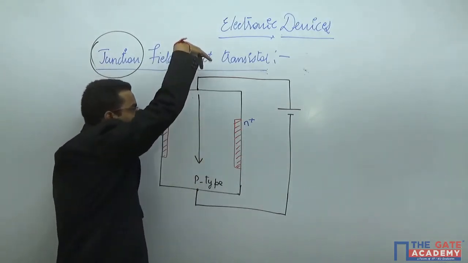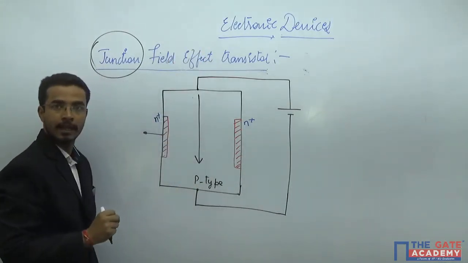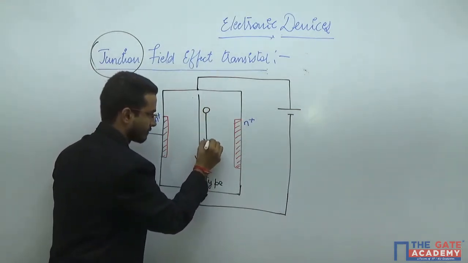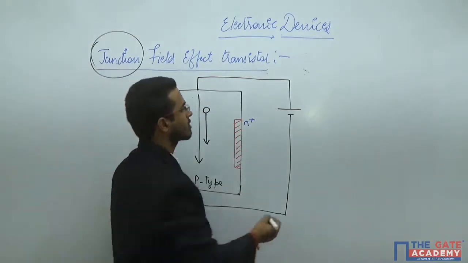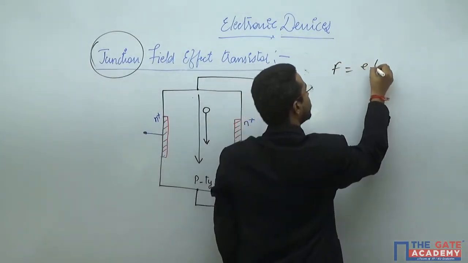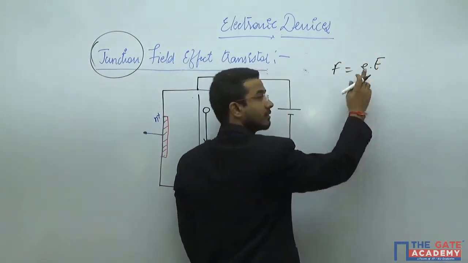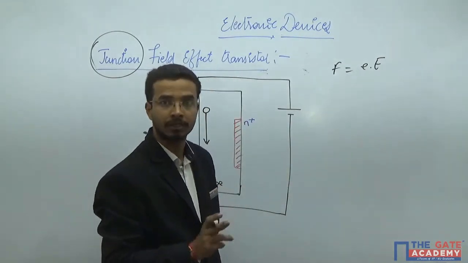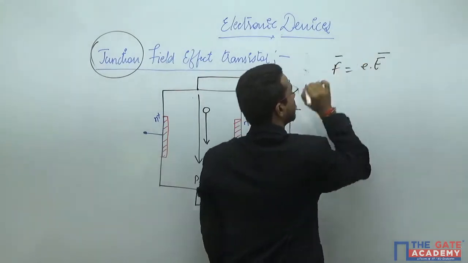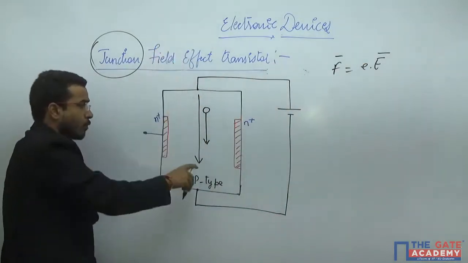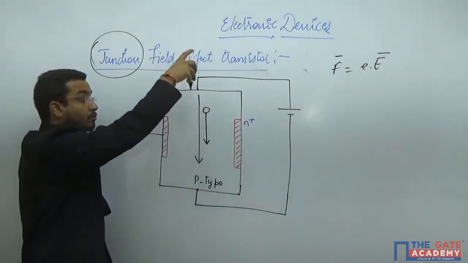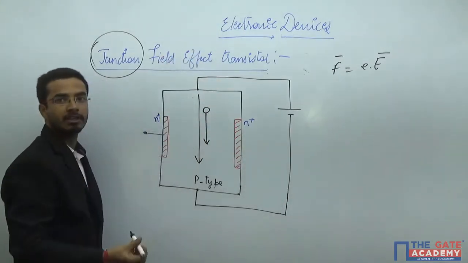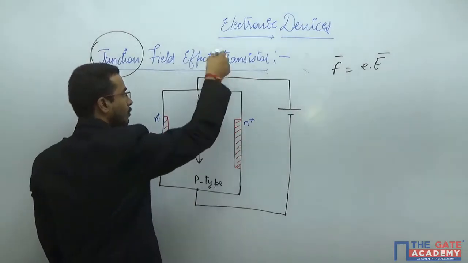If the electric field goes like this, the hole gets the force in the same direction, because F equals qE, where q is the charge on the hole. The charge on the hole is positive and the electric field direction is downward. That is why the force on the hole is also downward, and if the hole is moving downward, the current is also in the downward direction.